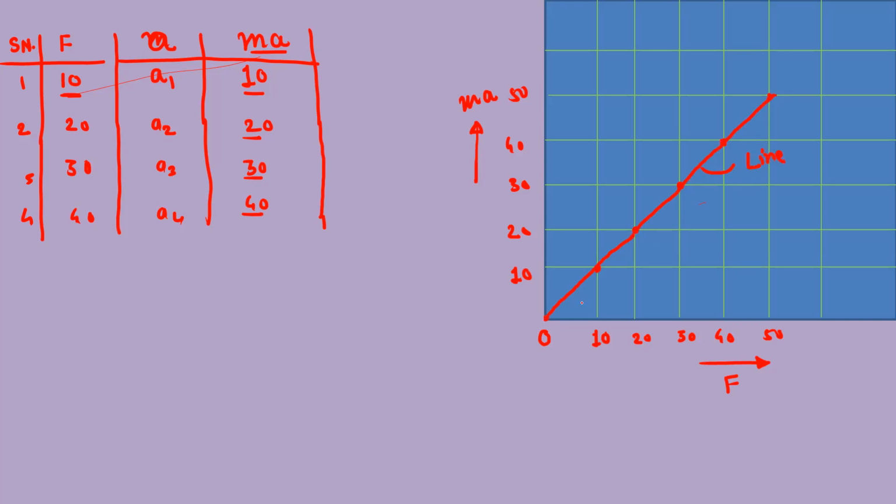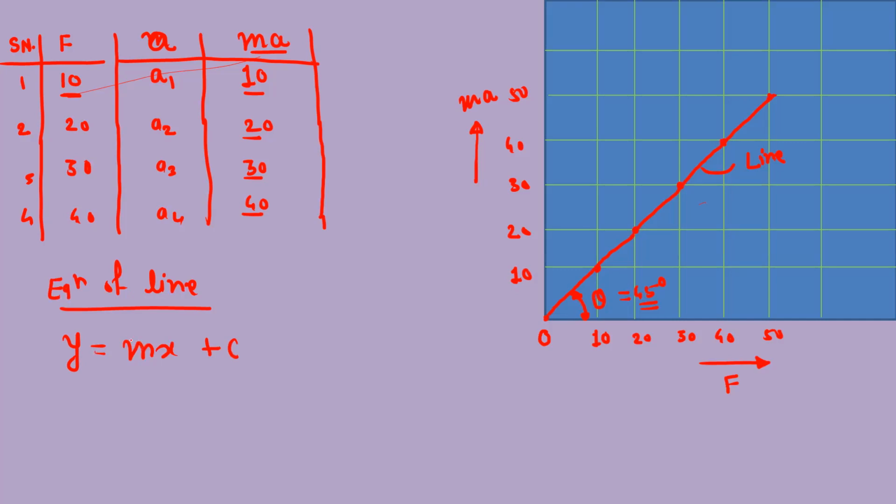If you measure this angle with respect to the x-axis, this theta will be equal to 45 degrees. Whenever you find the equation of a line, its general equation is y equals mx plus c, where m is the slope.